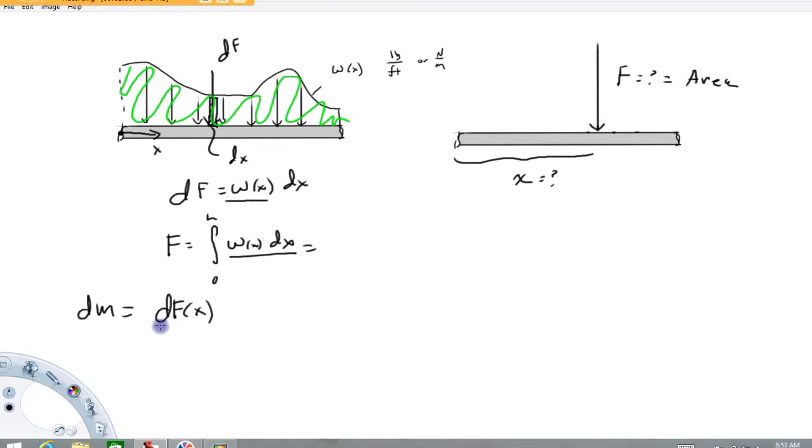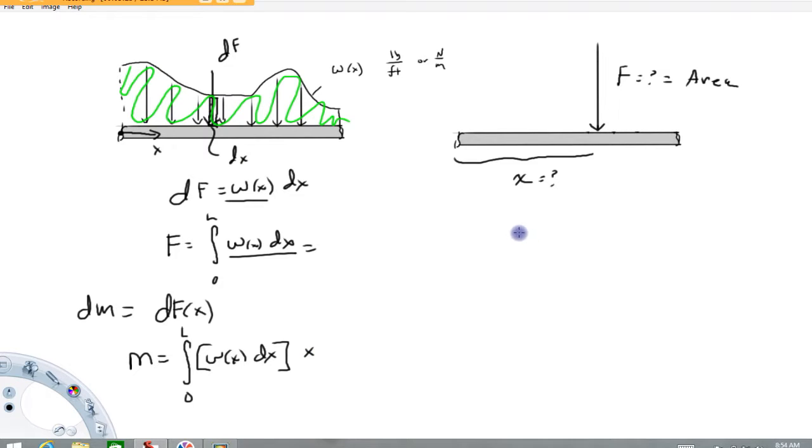The dF can be written as the weight function times dx, so the moment is the integral, in this case 0 to L, though this varies problem to problem, of W of x times x dx. Again, that's just force times distance.